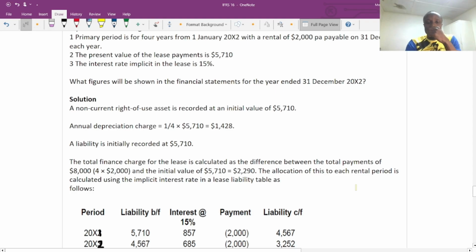Now, we are going to do the analysis. We are going to debit the right of use asset and we are going to credit the lease liability for initial recognition.